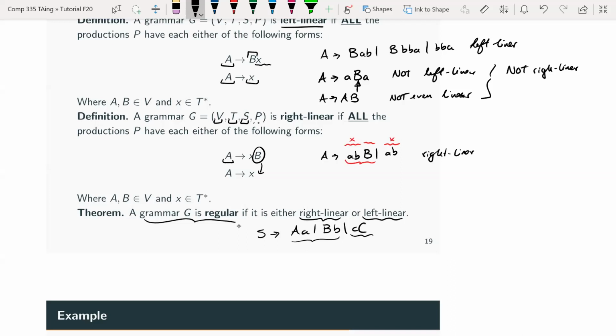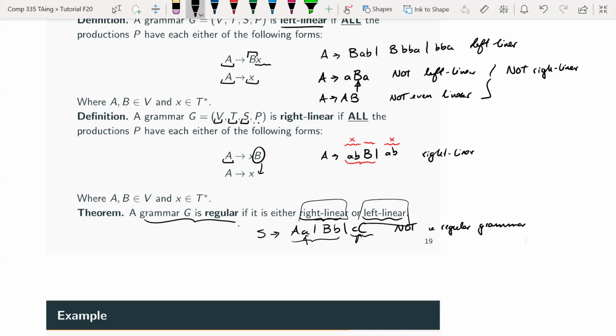And because this is neither right linear nor left linear, this is not a regular grammar, because it needs to be either right linear or left linear. It can't have a mix of the two.